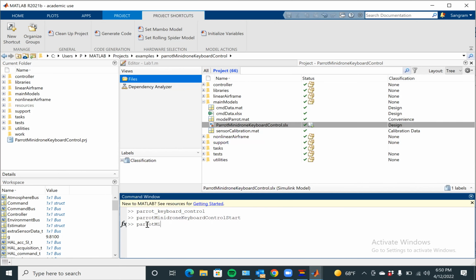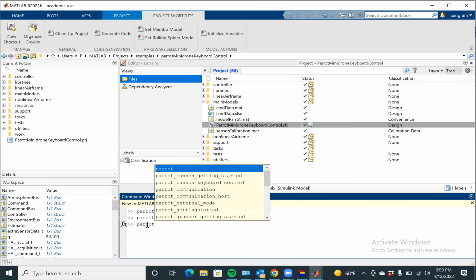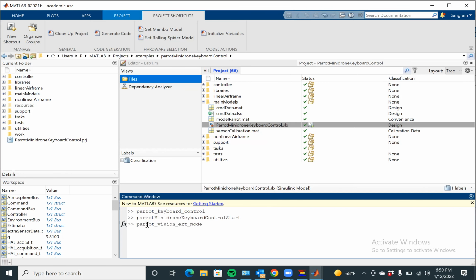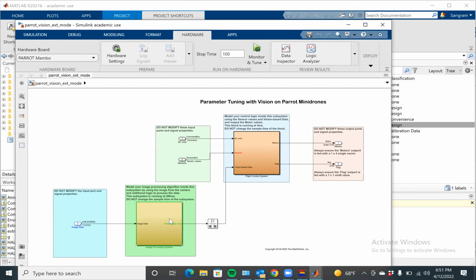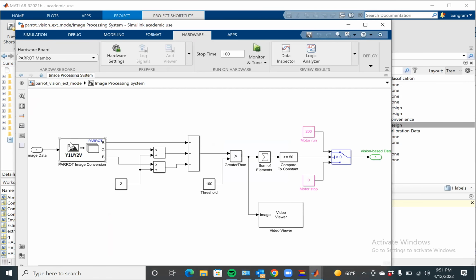One thing I want to show you: when you play with this system, you will know more. So please try to run these sample codes. In this code, this is sort of the system identification for the Parrot Mini drones. Basically you can get the vision data. This vision data gets converted to RGB.